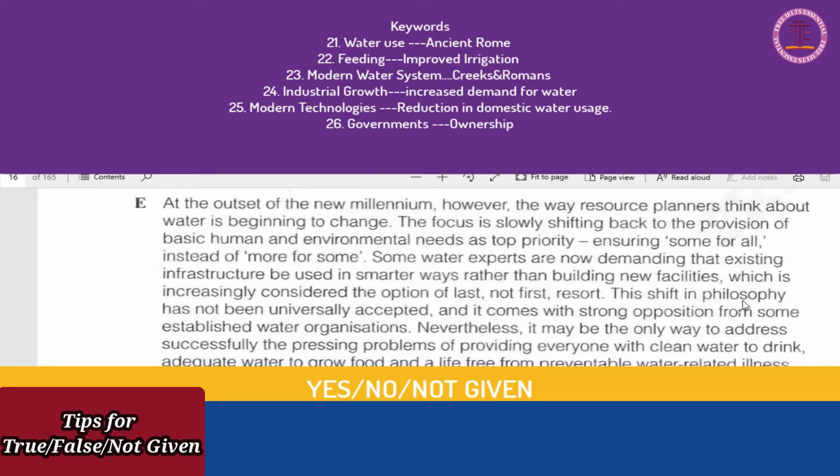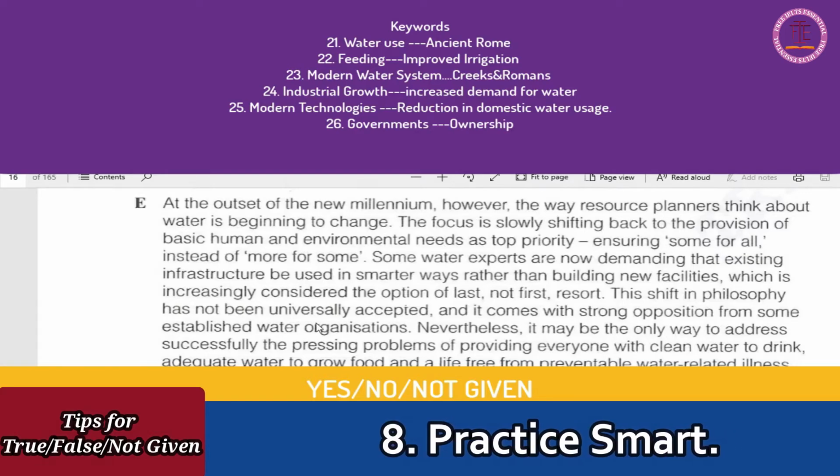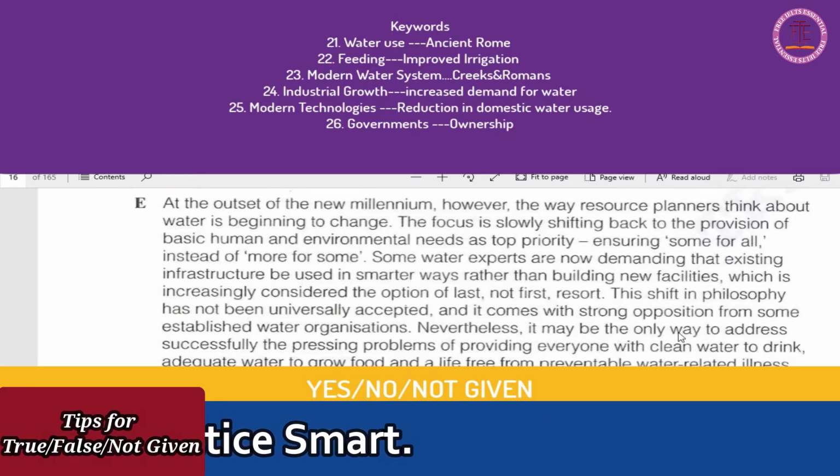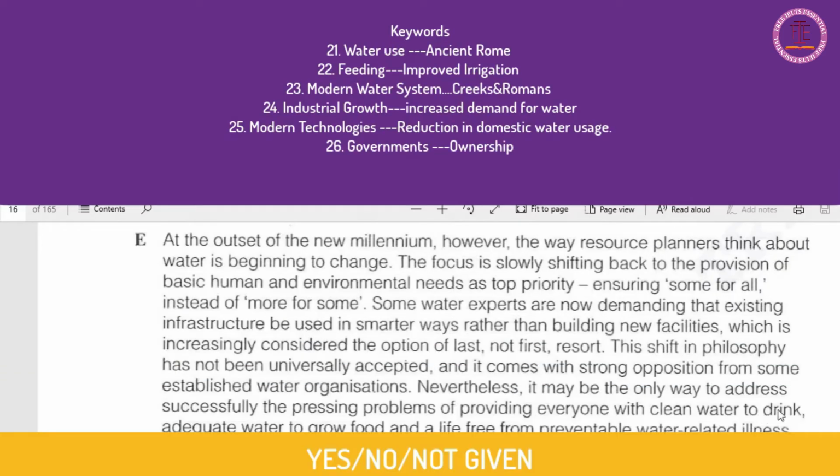This shift in philosophy has not been universally accepted, and it comes up against stronger opposition from some established water organizations. Nevertheless, it may be the only way to address successfully the pressing problems of everyone having clean water to drink, adequate water to grow food, and life free from preventable water-related illness.